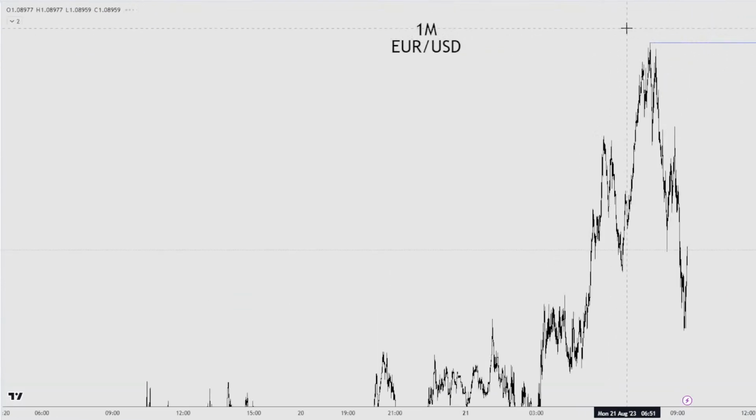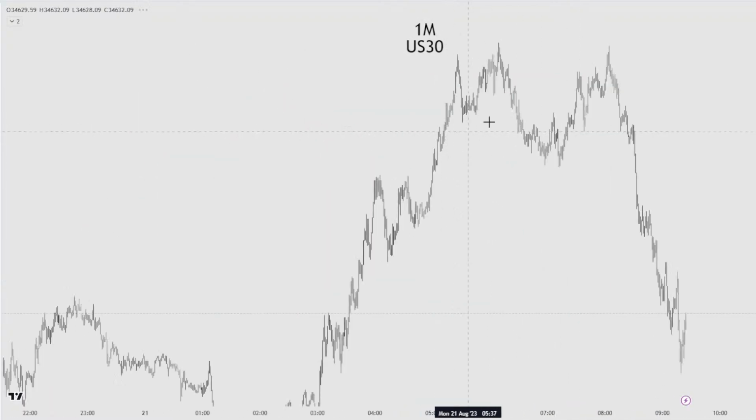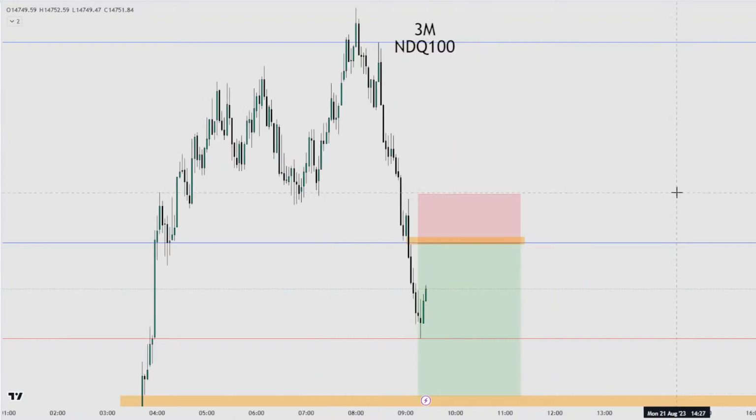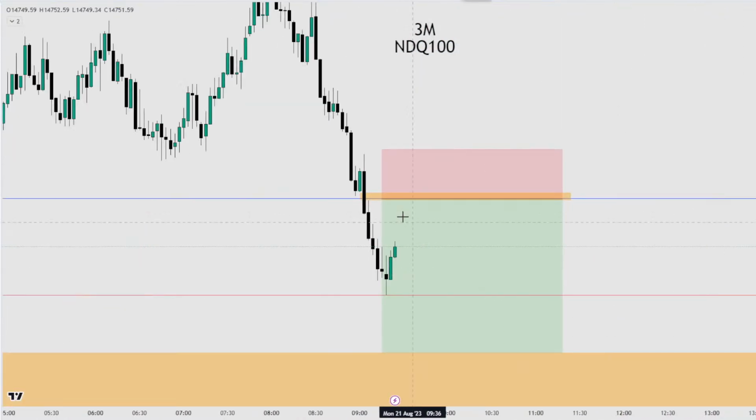Did we form SMT? Yeah, we actually did. We actually did form an SMT between US30 and Nasdaq. So yeah, I might take this trade, to be honest. Let's see.